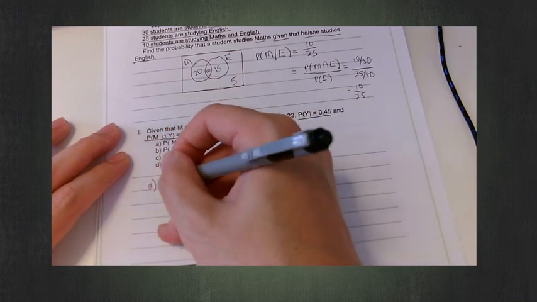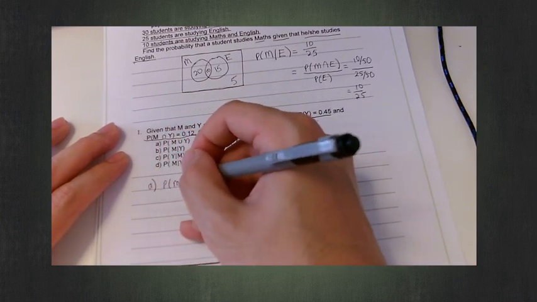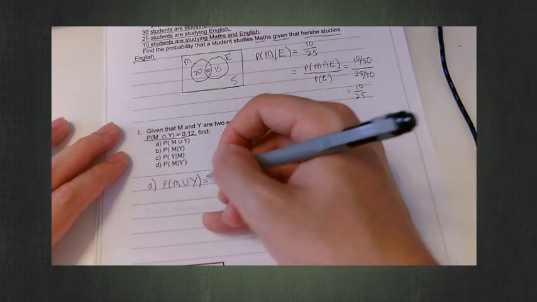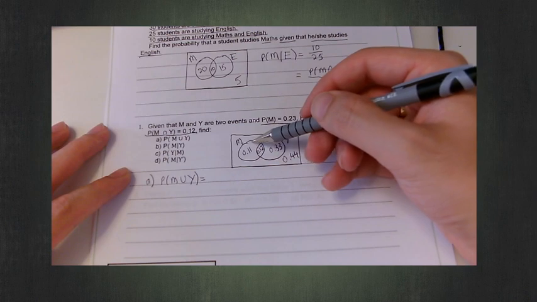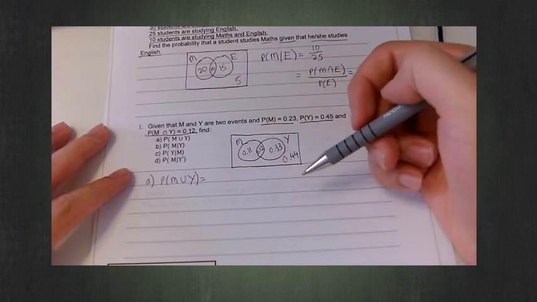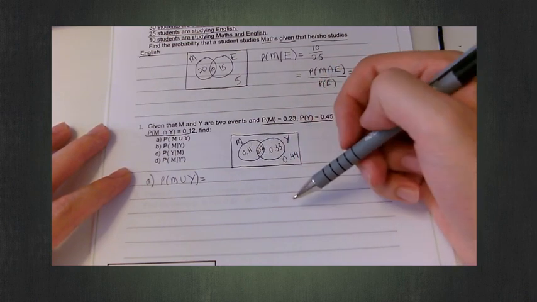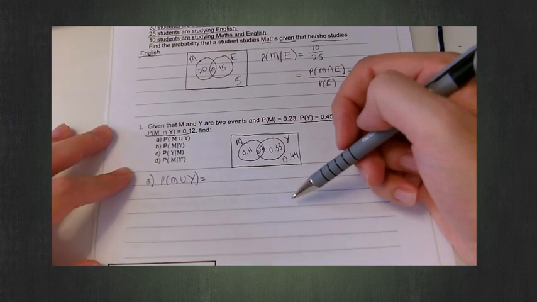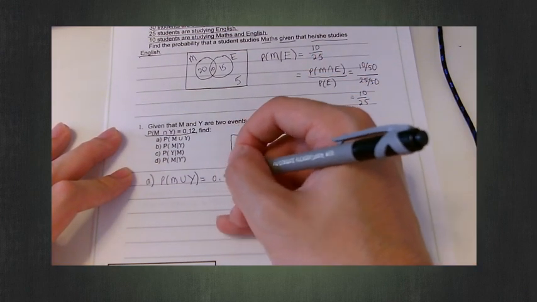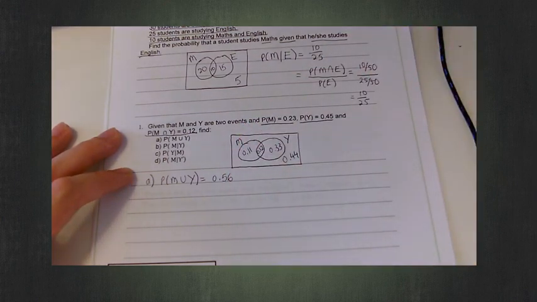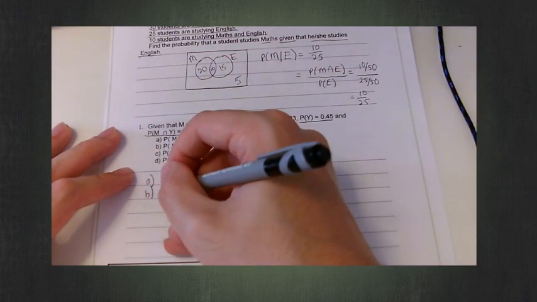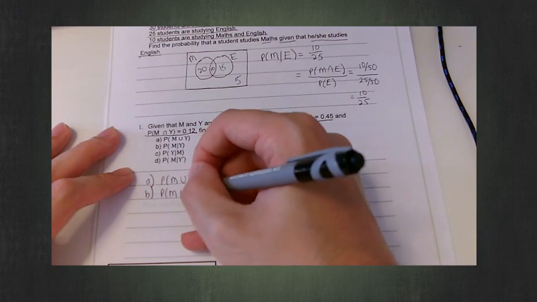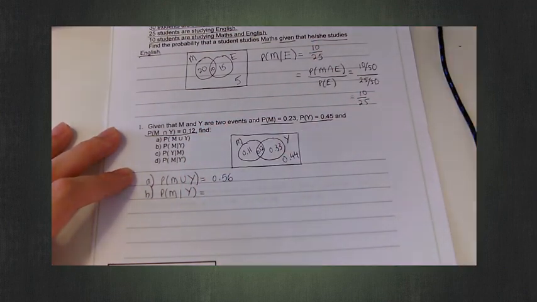Okay. So that's not too difficult. What's the first question? What's the probability of M or Y or both? If you remember from the previous video, that is the union, so it's basically everything here and here, all the two circles and the intersection. And if you add up those numbers, you get 0.56. Or if you take 1 away from 0.44. Well, the next question, what's the probability of M given that Y has occurred?